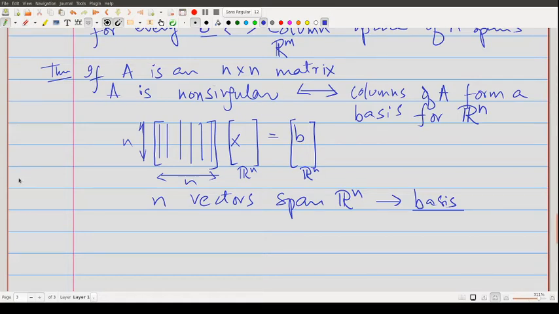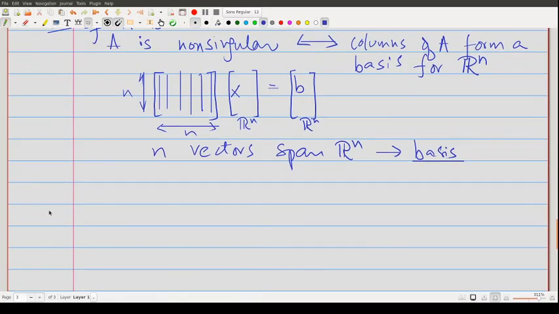All right, moving on. So at this point, we bring in the Rank-Nullity Theorem. None of these are just some trivial samples, and now we have the Rank-Nullity Theorem.